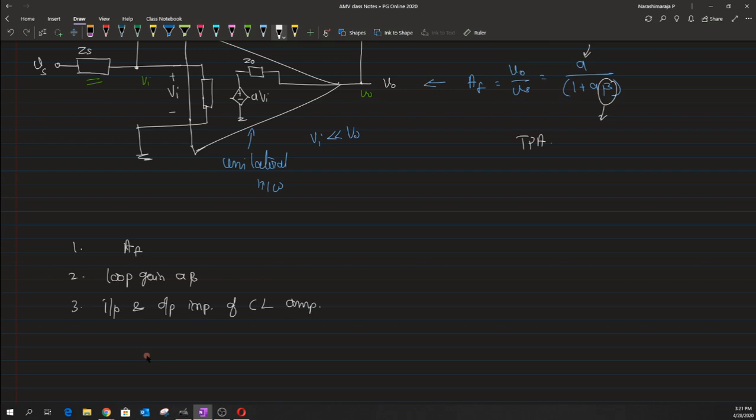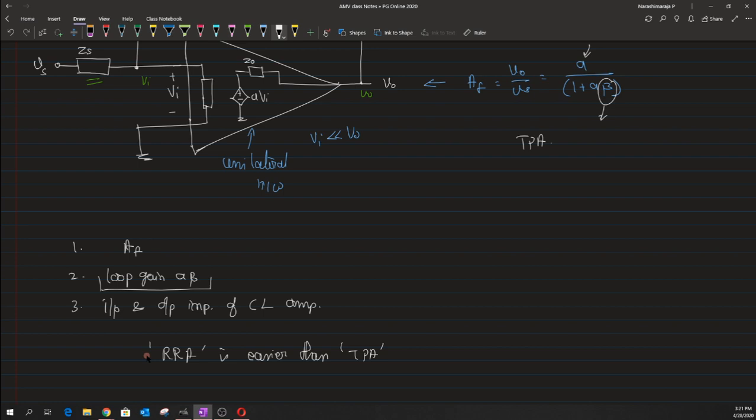Actually there exists an alternative analysis which is often called return ratio analysis, and this analysis in general is often easier than this two port analysis. And also you might wonder about the inclusion of this computation of this loop gain.